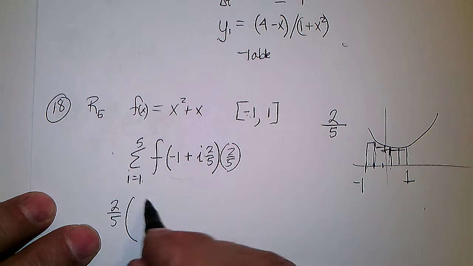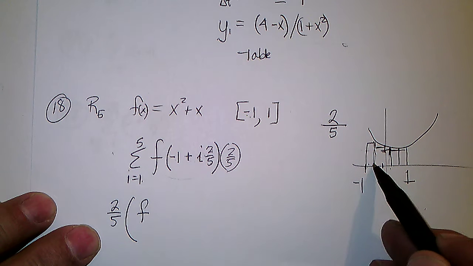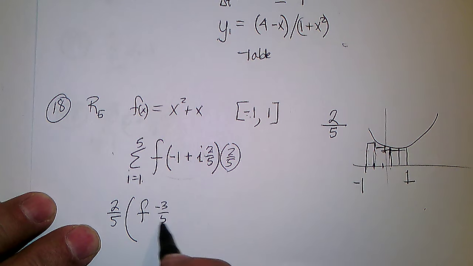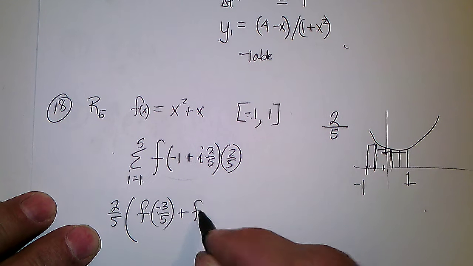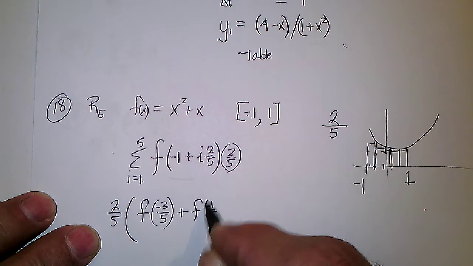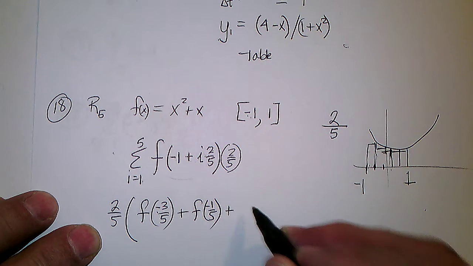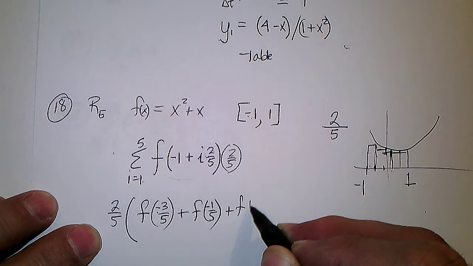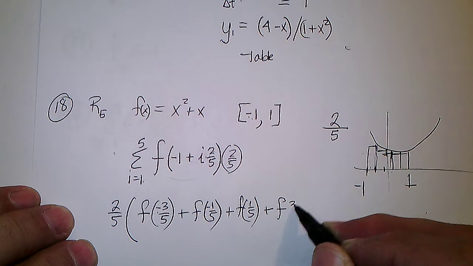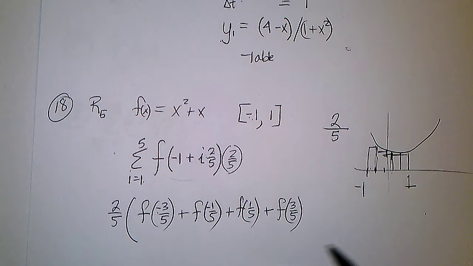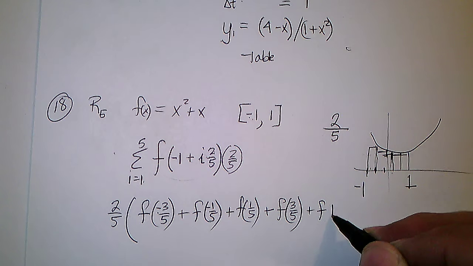If I put in 1, I've got to find out what f of -1 plus 2/5 is, -3/5, plus, then 2/5 more than that would be f of -1/5, plus f of the next one up, 2/5 more than -1/5, which is +1/5. And then 2/5 more would be f of 3/5. And 2/5 more would be f of 5/5 or 1.